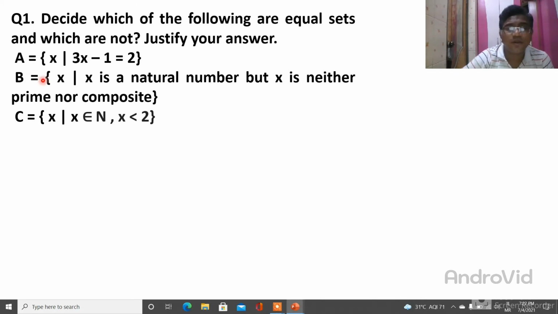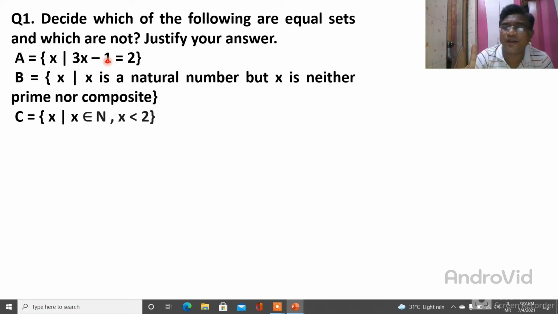Then B set. B is the set of X such that X is a natural number but X is neither prime nor composite. So which number is not a prime and not a composite? Do you know? Only one number is not a prime and not a composite. Okay, so that number is 1.